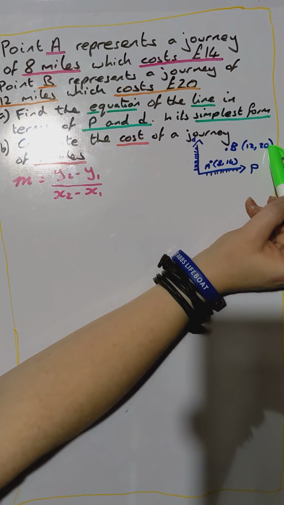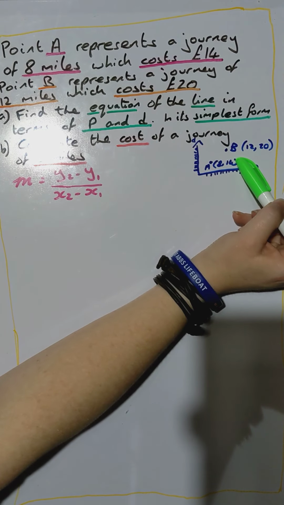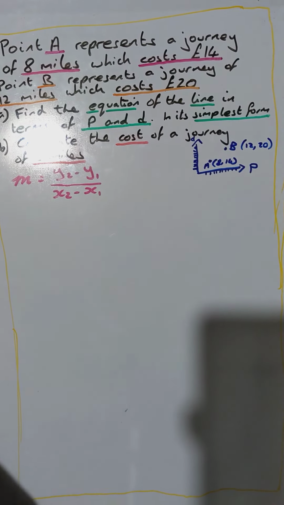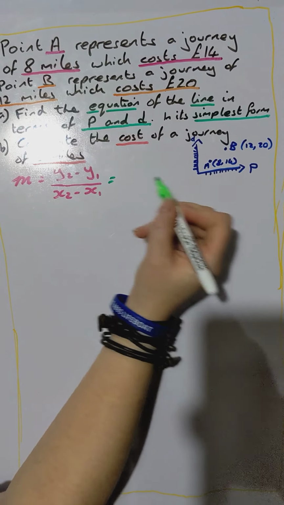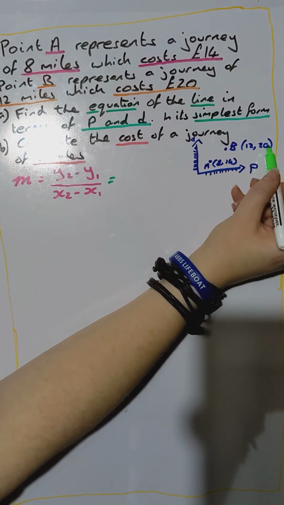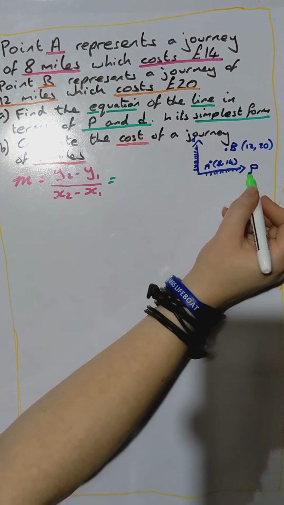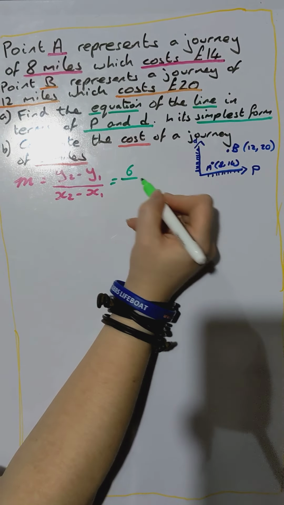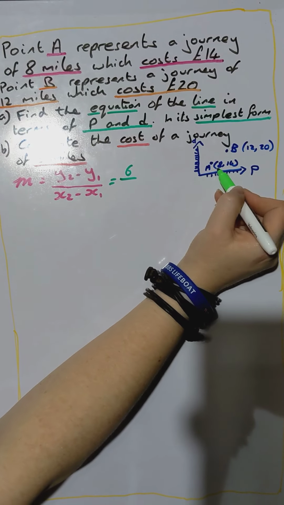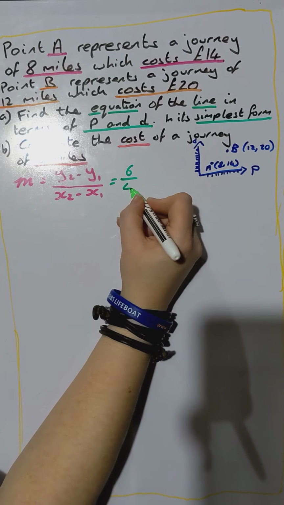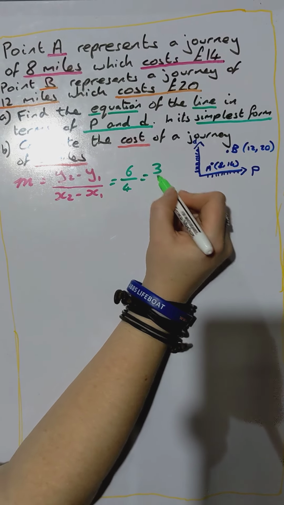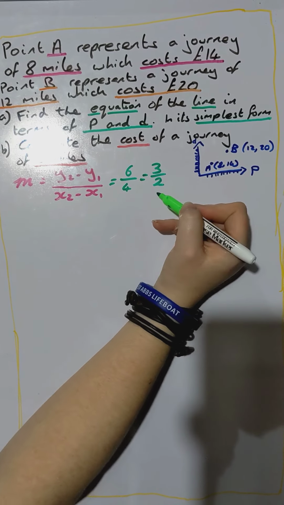So that's the change in your y over your change in your x. So to keep the numbers easier, I'm going to do 20 take away 14, which is 6, and 12 take away 8, which is 4. They're both even numbers, so I can simplify that to 3 over 2.